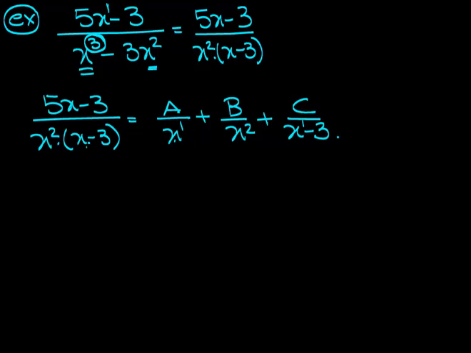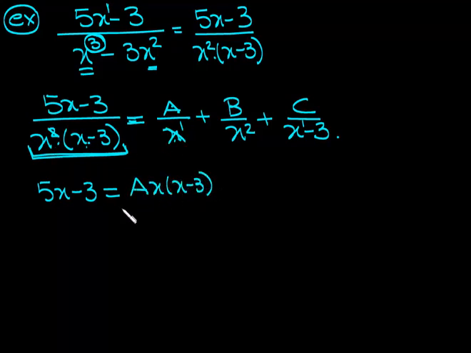So the first thing we did, if you recall, is get rid of the fractions. Anytime you're solving with fractions, you always want to get rid of them, right? So you're going to multiply by the common denominator, which will always be this. I already explained that to you, because eventually when you add this, you should get this back. So that is my common denominator. If you multiply this by exactly the same thing, that will cancel, so you just get 5x minus 3. If I multiply A over x by my common denominator, one of the x's will cancel, and you'll be left with Ax times x minus 3.